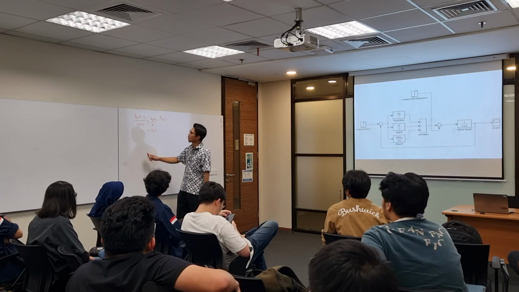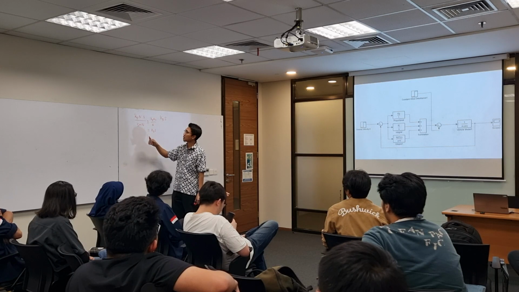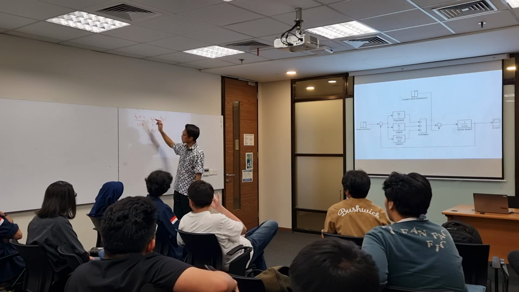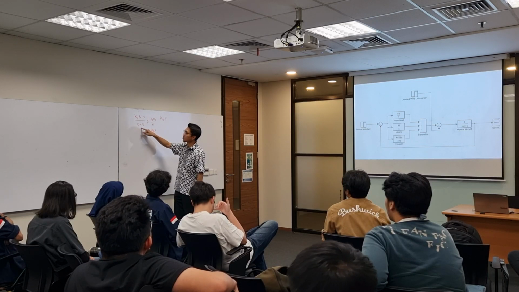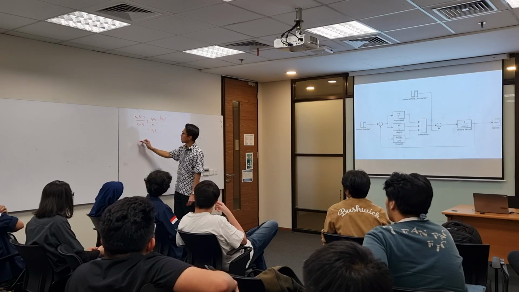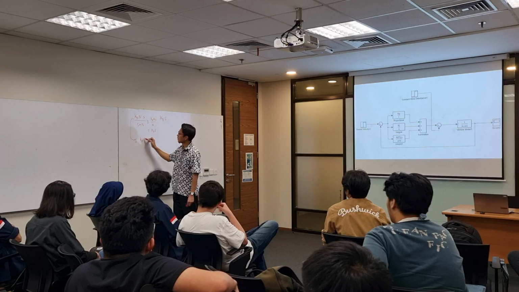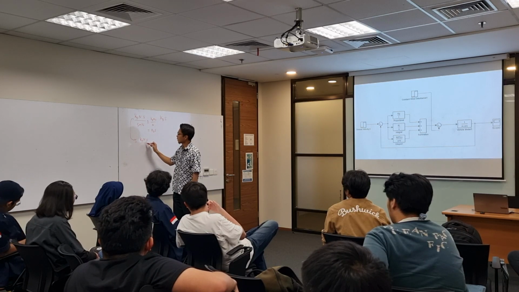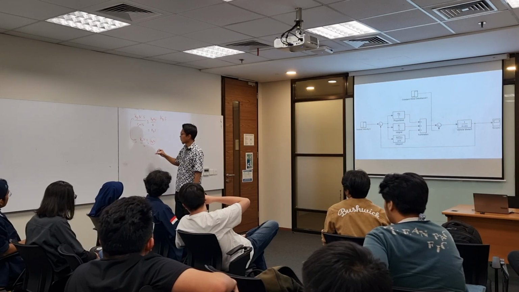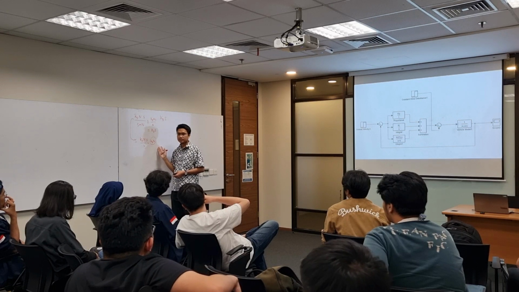Okay, what happened when S is very large? KD. When S is large, this will be approximated by KD and NS over S. So this is KD times N. When N is very, very large, this system becomes proportional.